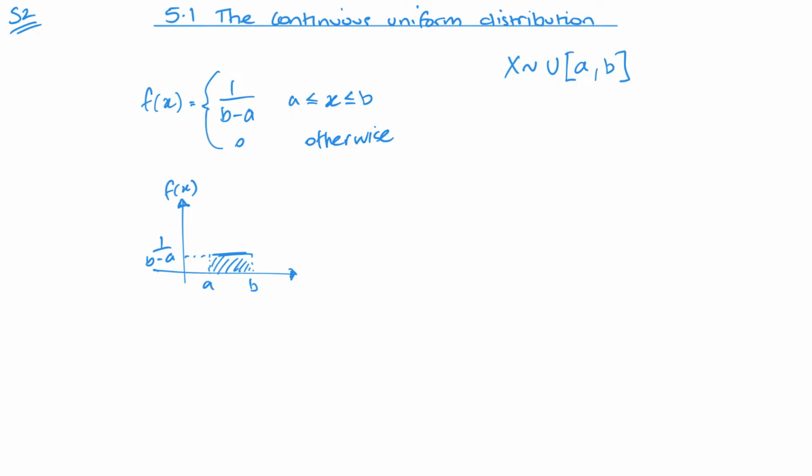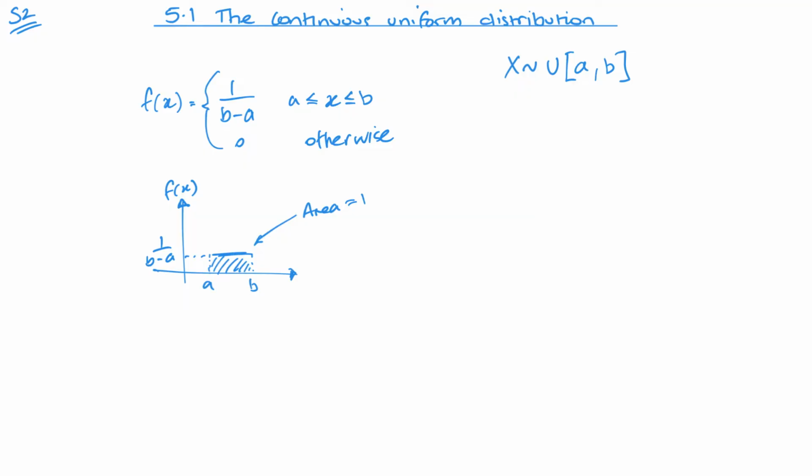And you can think of it the other way: if you multiply this length, b minus a, by 1 over b minus a, you get 1, which is the area of this rectangle. When we're dealing with these, in some cases it's easier to look at the diagram than to think of some of the rules of probability that you did last year in S1.